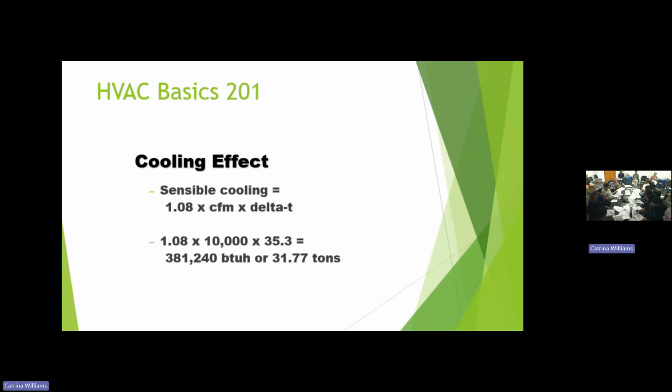Now, just to see the size, I guess, the 31.77 tons of cooling air, what would that compare to in building size? Well, that's for 10,000 CFM, so, I don't know, anybody know how many CFM exhaust fans we have out there in the welding booth, for example, that we're probably replacing? Like 3 fans.